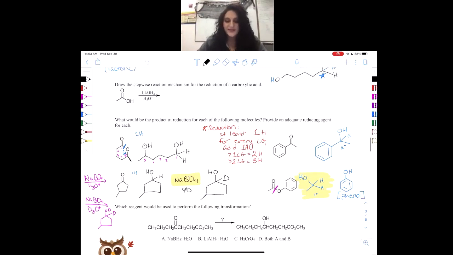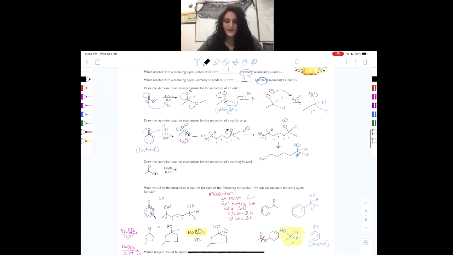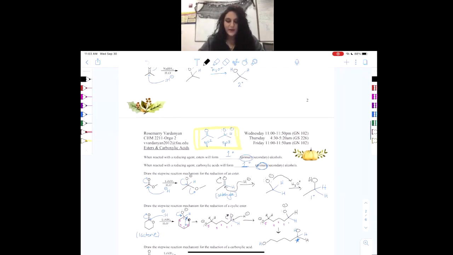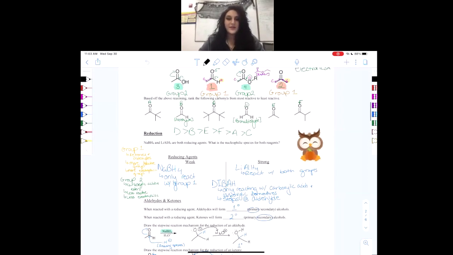Last session, we talked mostly about reductions and oxidations, and we did a nice little summary here where we said that NaBH4 was a weak reducing agent, LiAlH4 is a strong reducing agent, and DIBAL is in the middle. Then we split up our carbonyls into two groups.